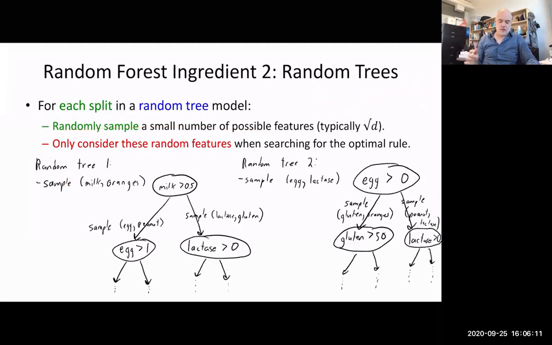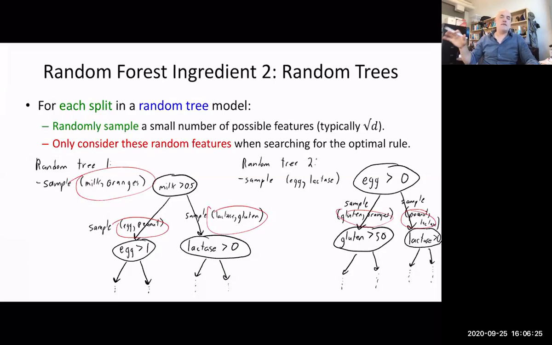So here we only, for instance, if we're thinking about the allergy example, look at milk and oranges. Here we only look at eggs and peanuts. Here we only look at lactose and gluten, and so on and so forth. And over here in the other tree, you choose a completely different root D size subset of the features at every decision stump optimization step in the tree growing algorithm.